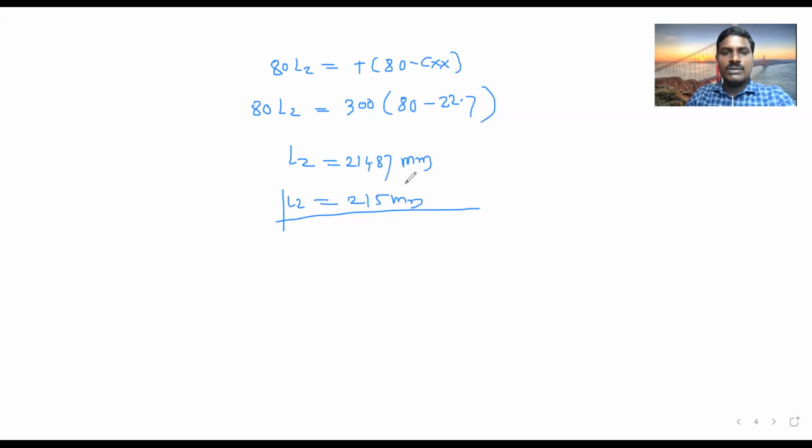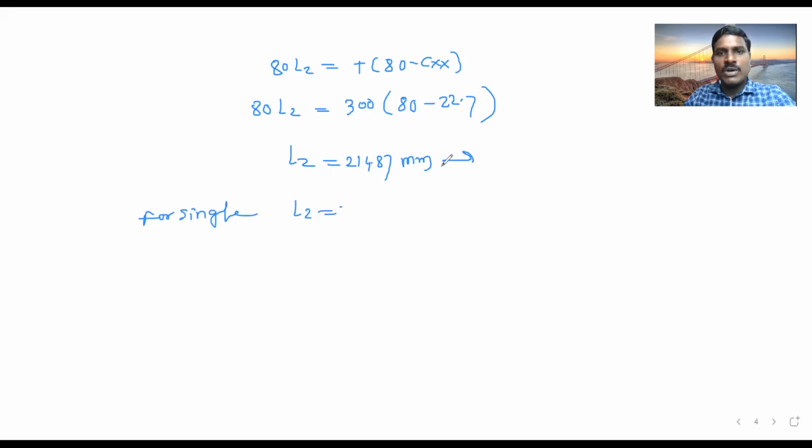But actually this L2 value is for both angles, so here we have to write for a single angle. This value is for double angle.